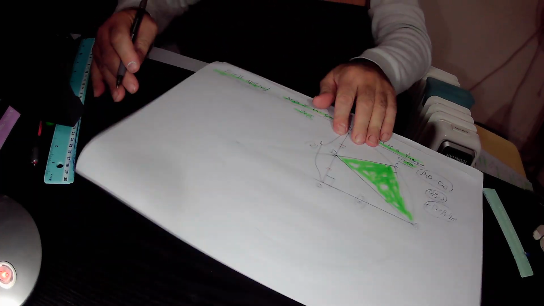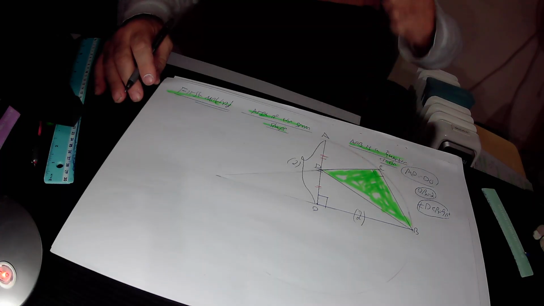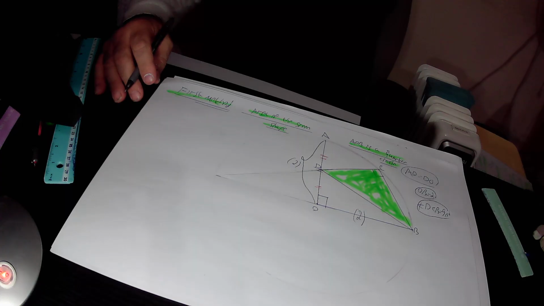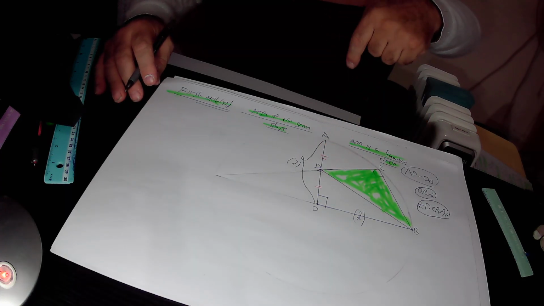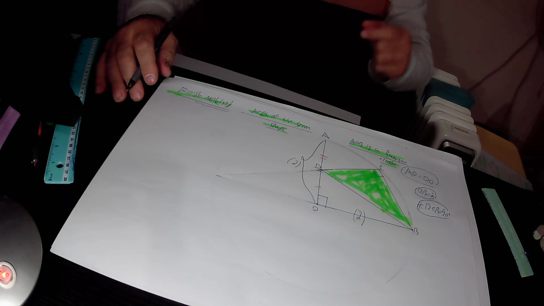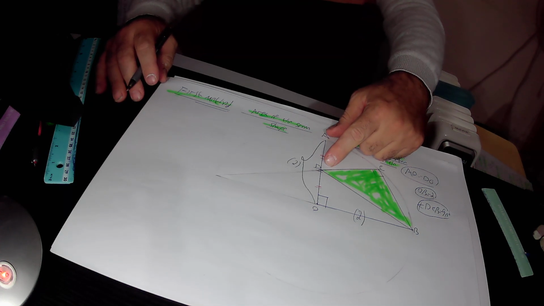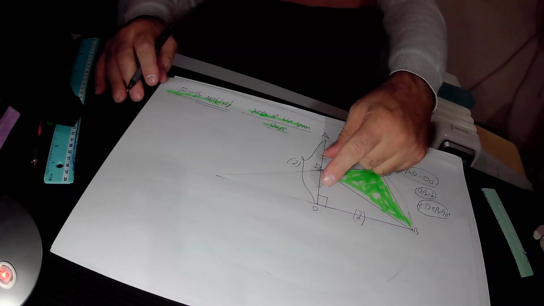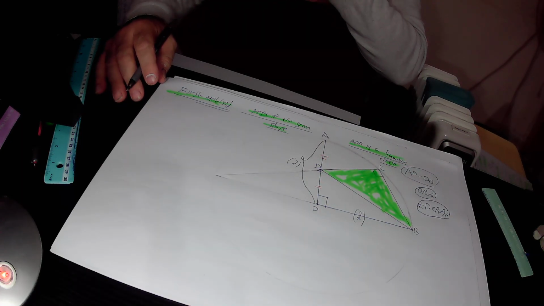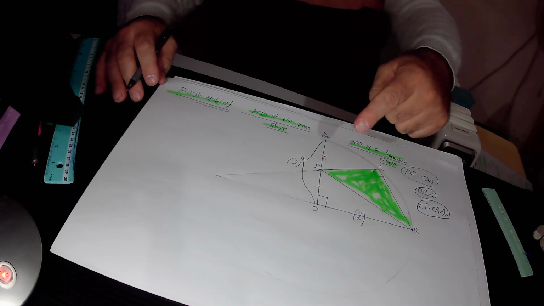This is point D. Point D is the midpoint of the radius AO. That is to say, at point D, the radius AO has been bisected into two halves. The first half is AD, and it is equal to the second half of the radius AO, that is DO. So each half must be equal to the radius over 2.